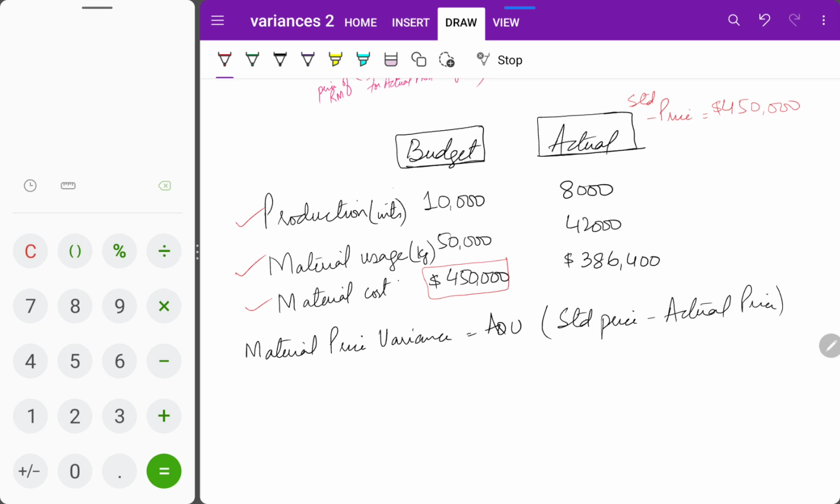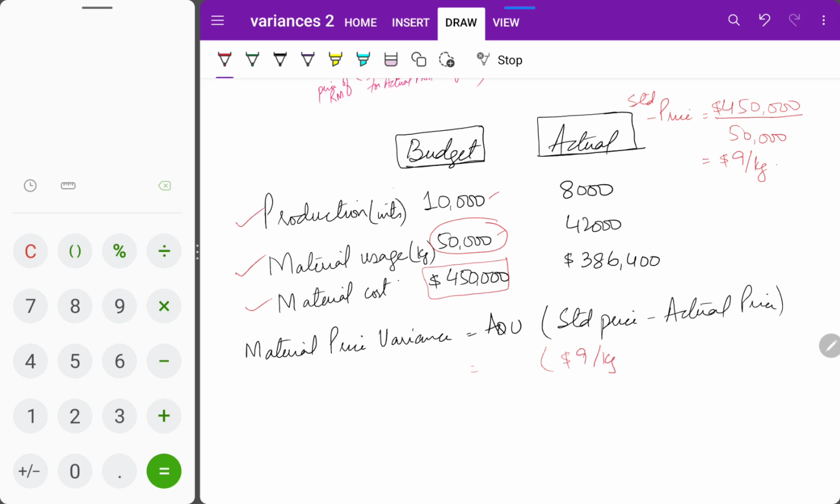Pause this video and think about which one we should use. Since we want price per kilogram, we should use 50,000 kilograms. So 450,000 divided by 50,000 gives $9 per kilogram.